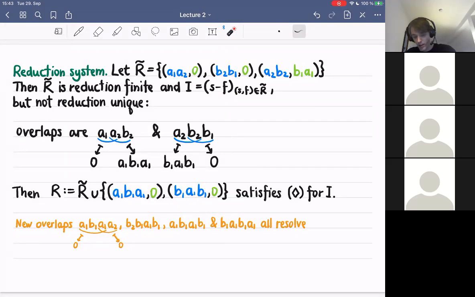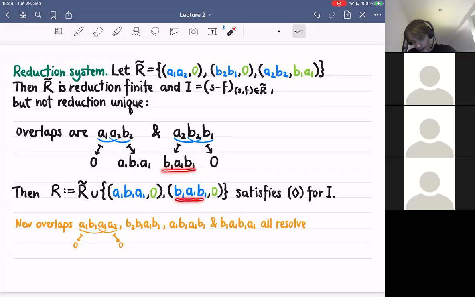Here A2 overlaps with A2, so we have this overlap A1, A2, B2. If we replace A1, A2 by 0 in the reduction system, we get 0. On the right-hand side, we get A1, B1, A1, and this is not yet 0. Similarly, on the other overlap, on the one side we get 0, and on the other side we get B1, A1, B1.